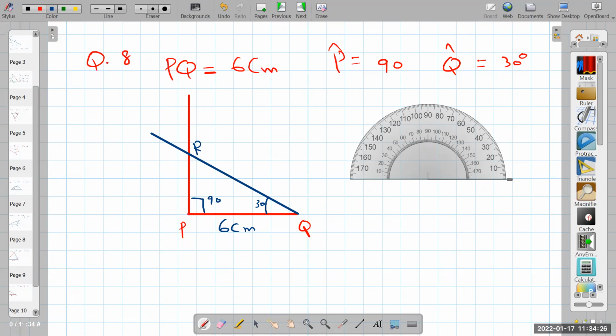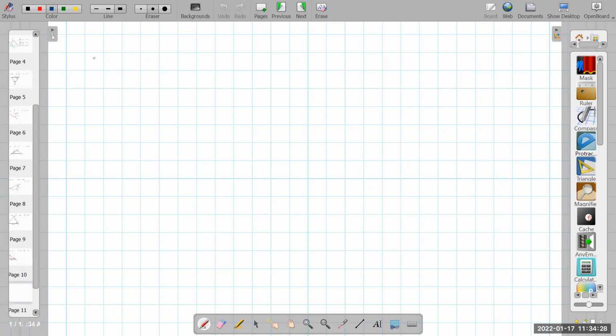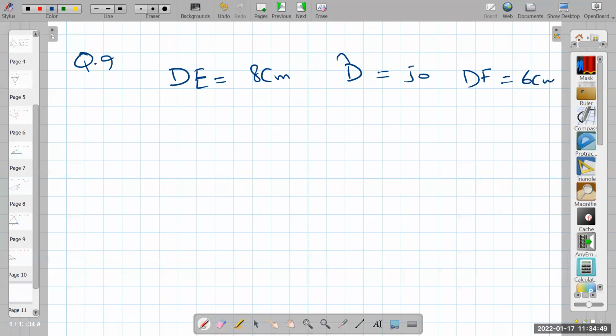Question number 9. DE is equals to 8 centimeters. Angle D is equals to 50. DF is equals to 6.